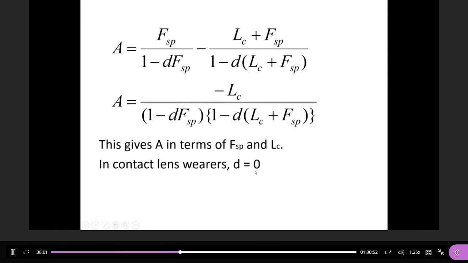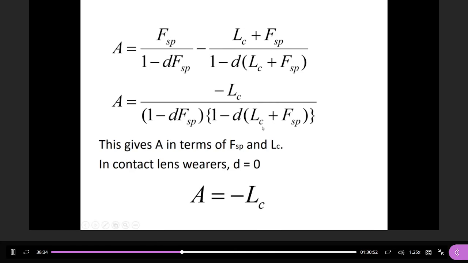And for patients who are using contact lens instead of spectacle, when you're using contact lens, D will be equal to 0, because the lens is in direct contact with the eye. So if D is equal to 0, this part will become 1. This part will also become 1. And that's why A is simply equal to minus LC. So when you're using contact lens, the calculation is a lot easier.